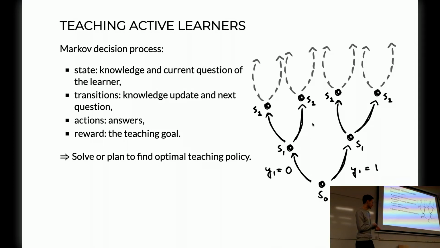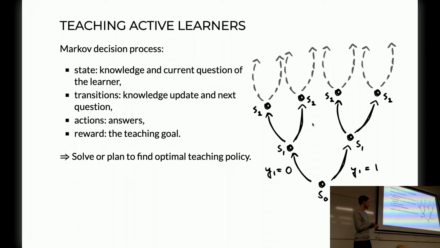So, for example, in the logistic regression case, it could be label 1 or label 0, and then the transitions in the process happen when the learner updates its knowledge given the answer to the current question and asks another question. So it goes to some other state when it gets the answer.